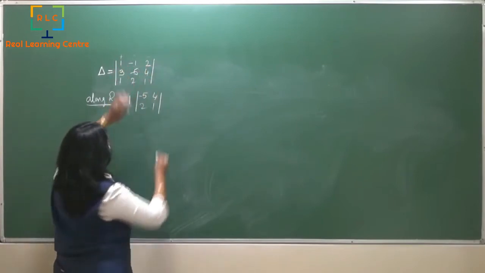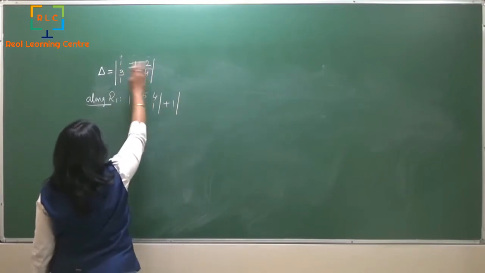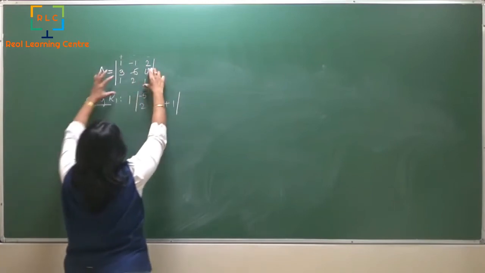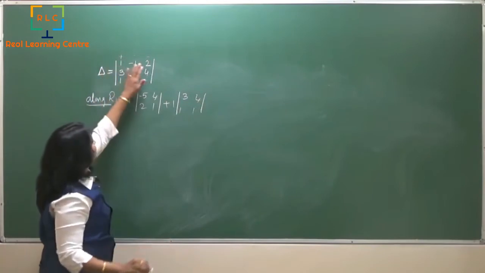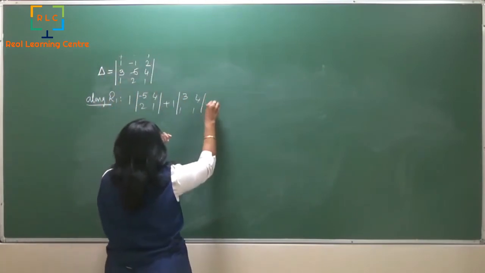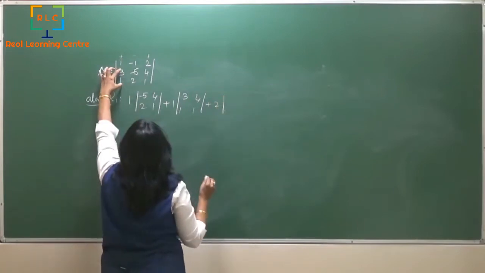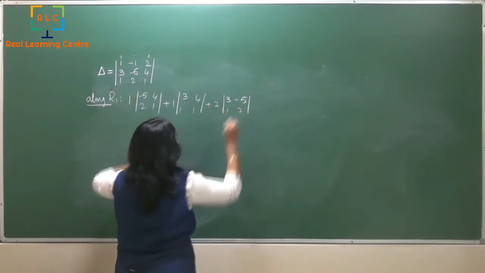Minus 1 I shall write as plus 1. Plus 1 into determinant of, 1 is present in the first row and the second column, deleting that, I shall take the determinant of 3, 4, 1, 1. Next, I shall take the next element with the positive sign. This having a positive sign, so plus 2 into determinant of these 4 elements, that is 3, minus 5, 1, 2.